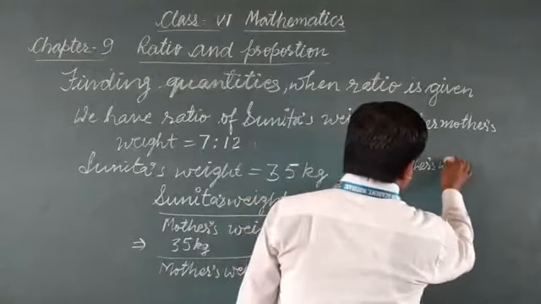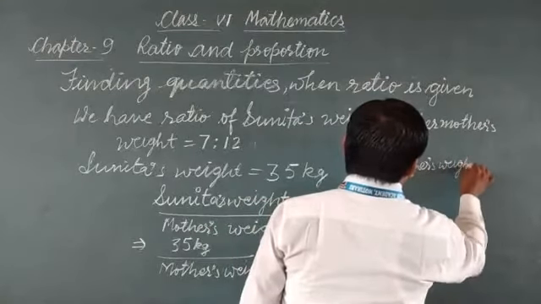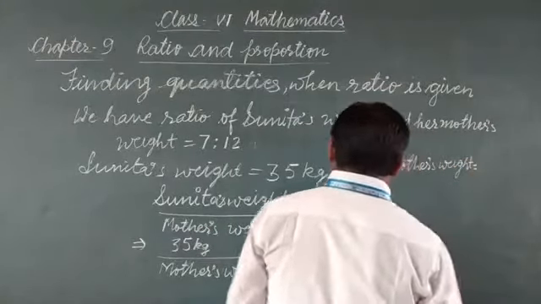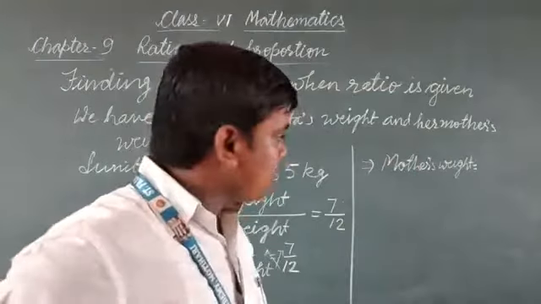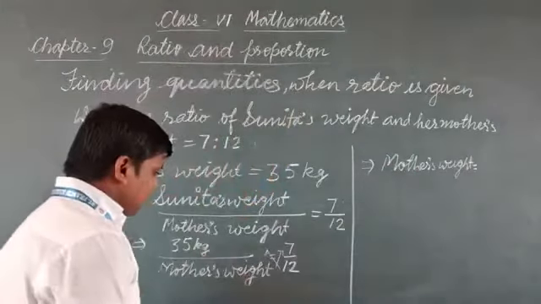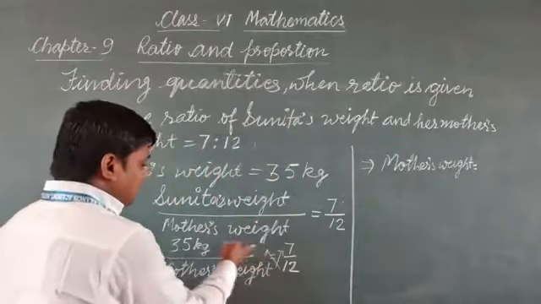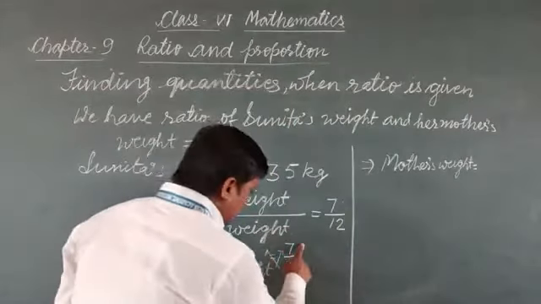During cross multiplication, this will multiply to this side and this will multiply to this side.